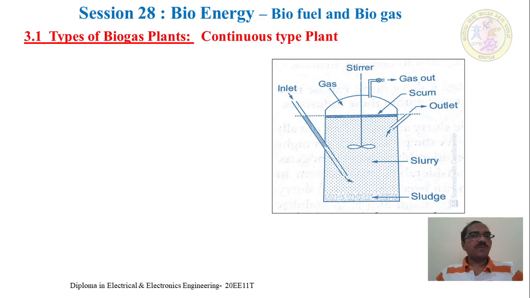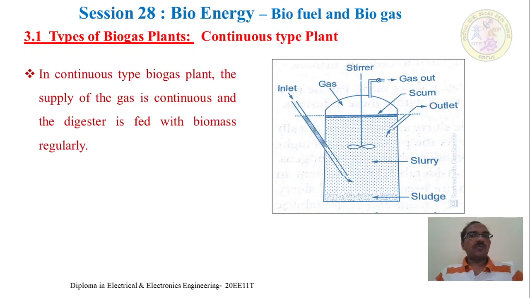And the next type is what? Continuous type. In that continuous type, there will be an inlet, what we have shown over here. Through that inlet, continuously the biomass will be fed, and through the outlet, after the gas production, it will be taken out. And this process is continuous. At the same time, the gas is collected continuously from that plant.